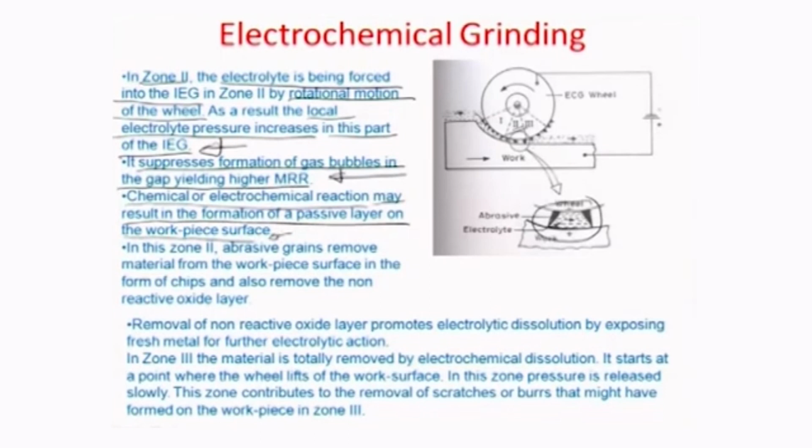So, here on this particular surface there may be a passive layer which is a deposit, because it is already very small, and then there are diffusion limitations, and the debris which has been generated here goes into the cell and comes back once the wheel rotates and the next cell comes in place. So, there is always a formation of a passive layer because of debris redeposition in this particular zone 2.